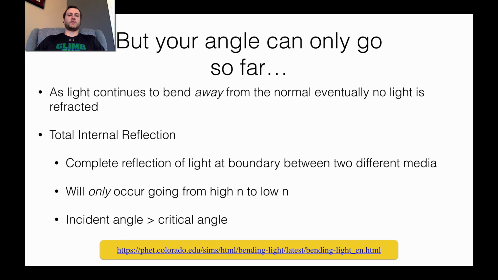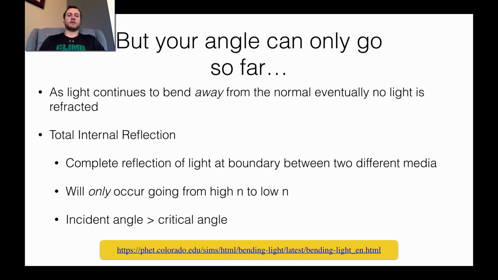When this occurs, we get what's known as total internal reflection, which means the light actually doesn't escape into the second medium. Rather, it travels from medium 1, makes contact with the surface, and then reflects back down, obeying the law of reflection, into medium 1. So we get no light going into medium 2. It all stays within medium 1.